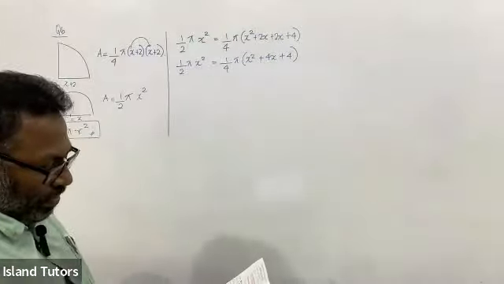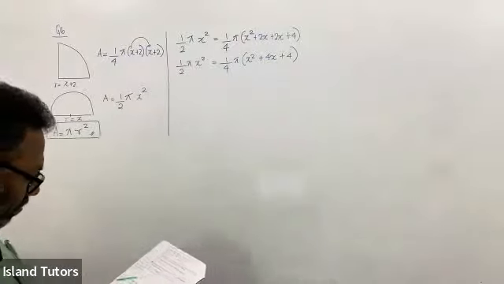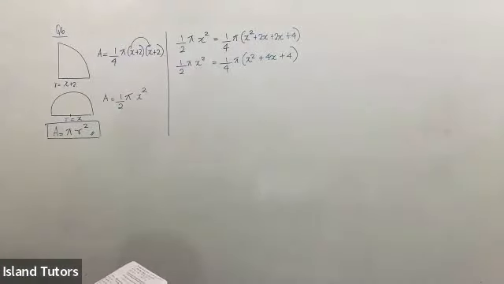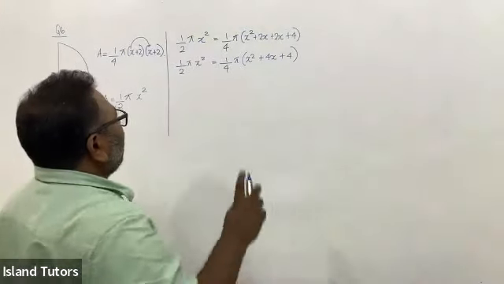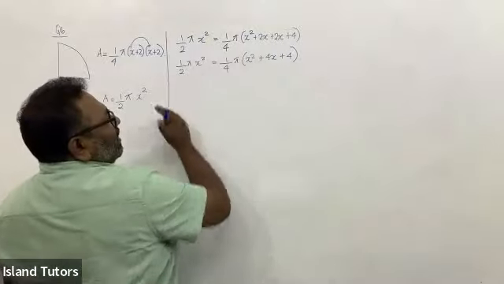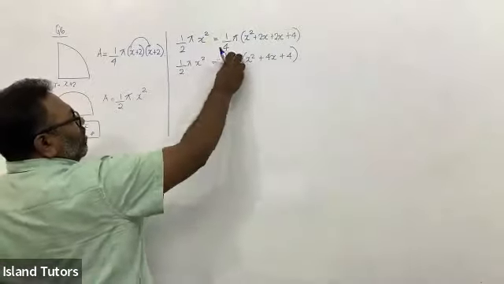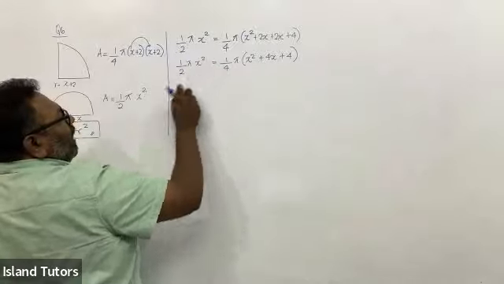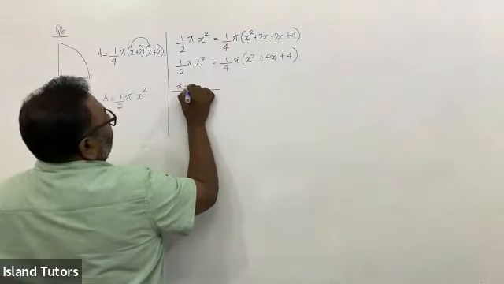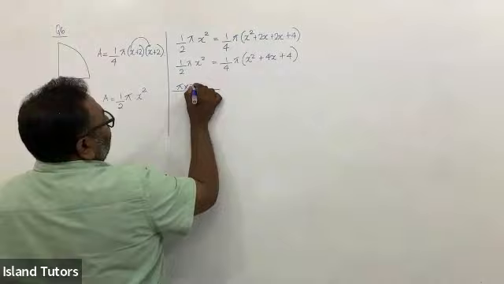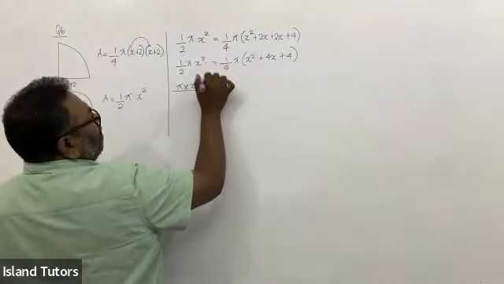Okay. Everybody okay with that? Right. So now we need to simplify. Simplify means we want to take the x's together. So first what we'll do is we'll take this part out. We'll take the 4 here and the pi here. So you have pi x squared, and this 4 will come here.